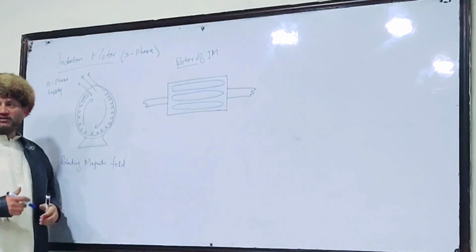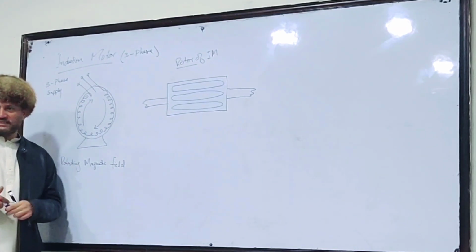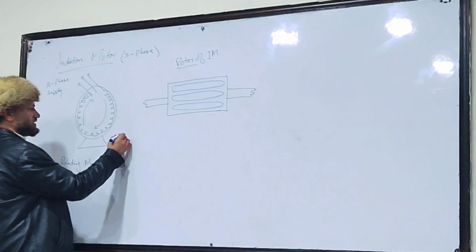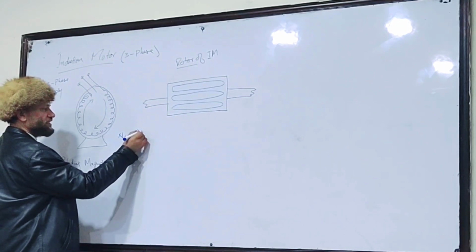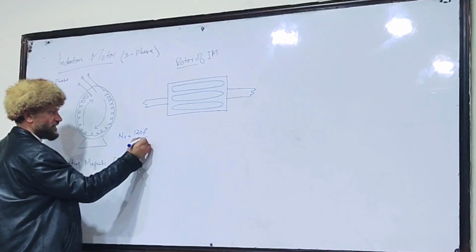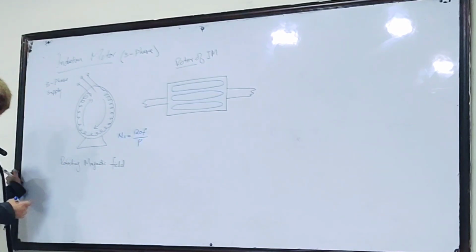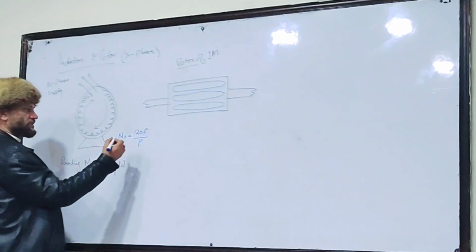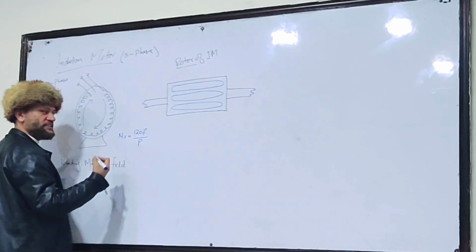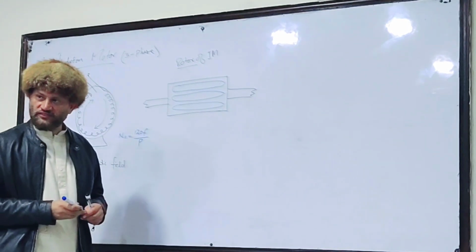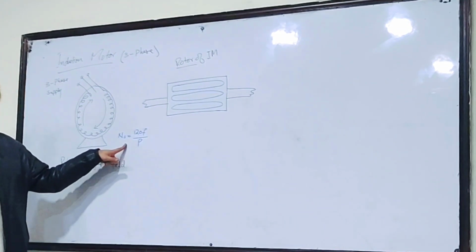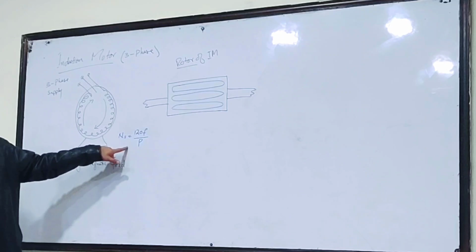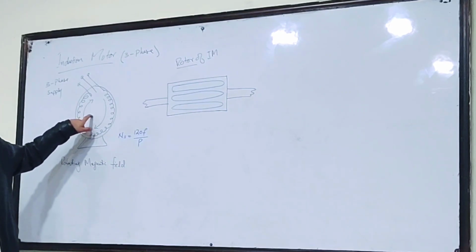And the speed of this rotating magnetic field is Ns equal to 120 F divided by P, where F is frequency and P is the number of poles. Understand? It is the synchronous speed of the rotating magnetic field.